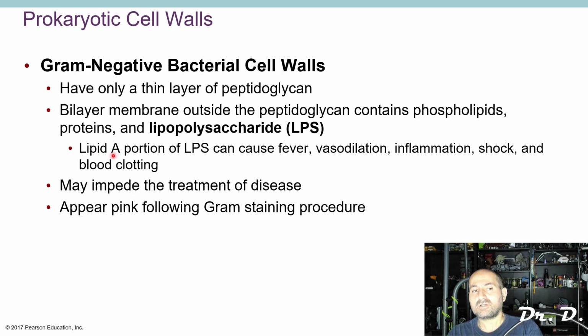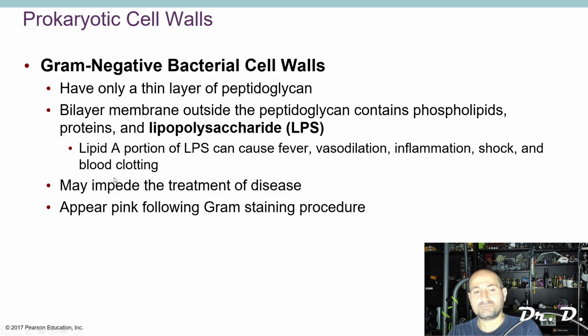This is a toxin called endotoxin. We're going to talk about this in a subsequent chapter, but lipid A, which is again part of the LPS, which is part of the cell wall, is very poisonous, or I should say toxic to your system. It can cause fever, blood vessel dilation, inflammation, shock, blood clotting, even death.